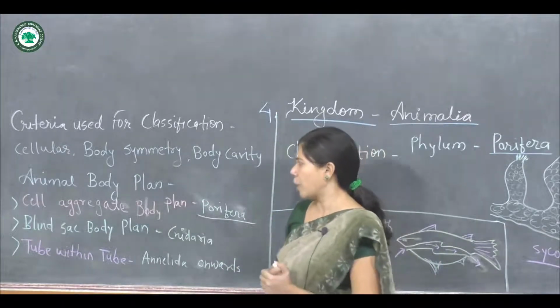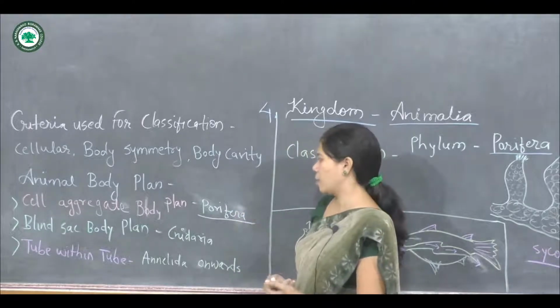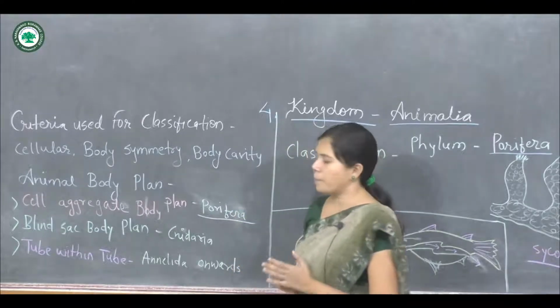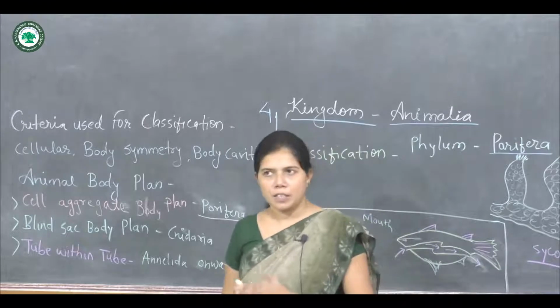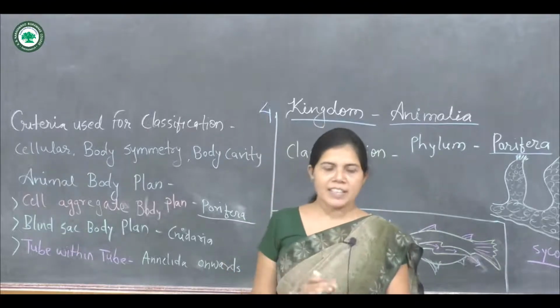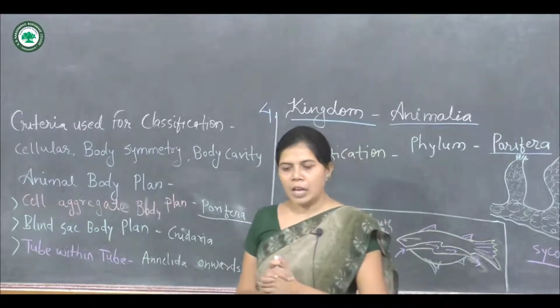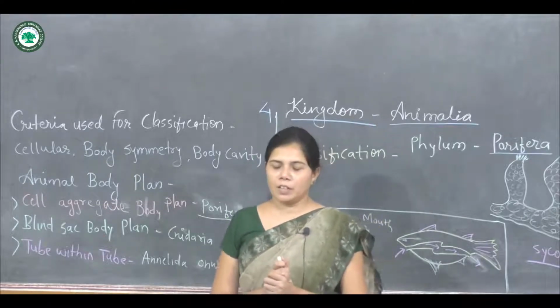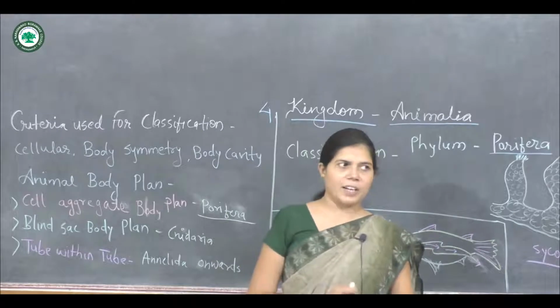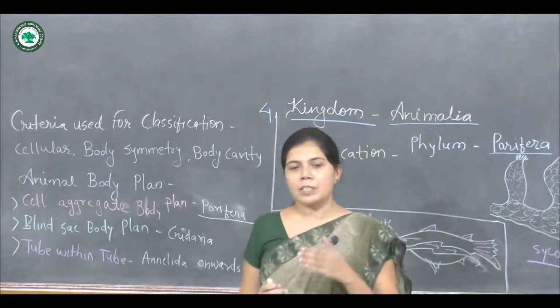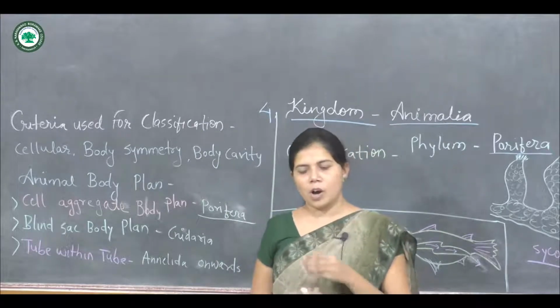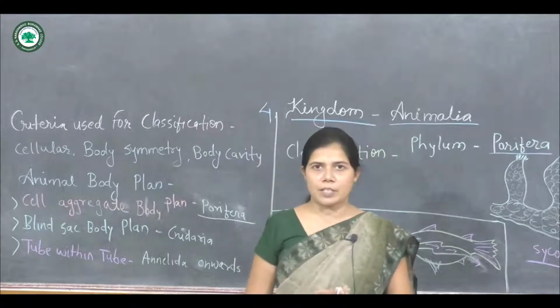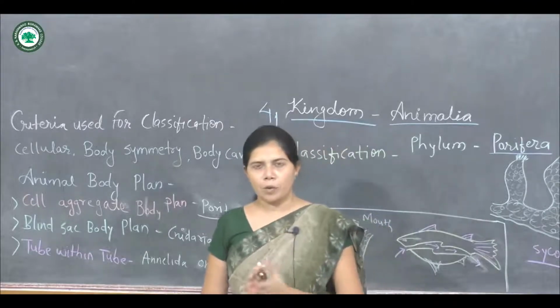The second body plan is the blind sac body plan, in which the body is like a sac with only a single opening, and digestion is carried out through that single opening, which means ingestion and egestion take place through that single opening.